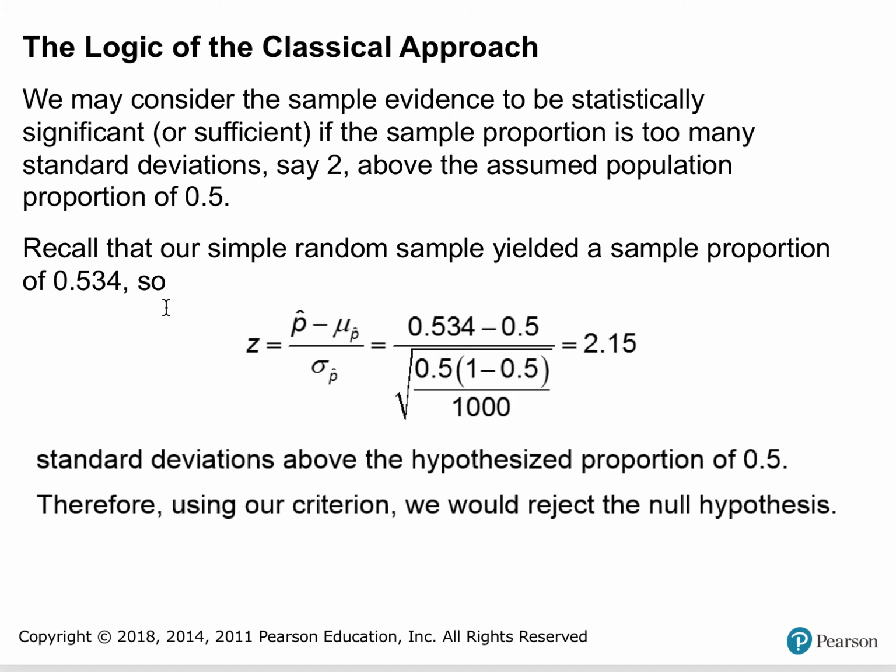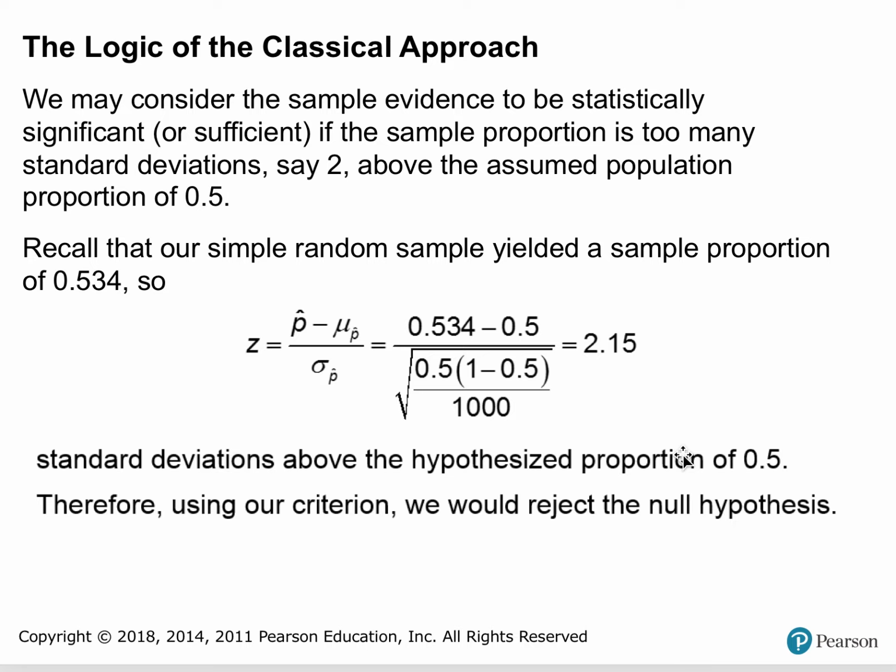So, recall that our simple random sample yielded a sample proportion of 0.534, 534 out of 1,000. Okay, that means we can calculate our z value from our formula and see that it is 2.15 if you plug that in your calculator. So 2.15 standard deviations above the hypothesized proportion of 0.5.